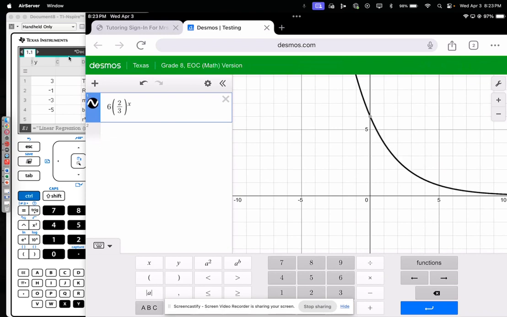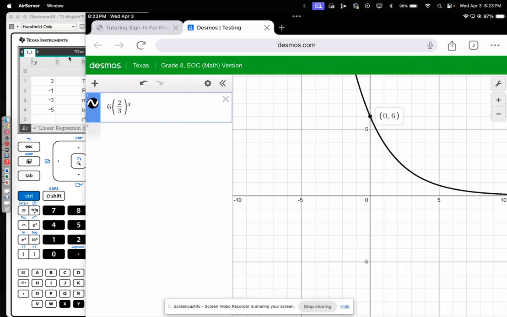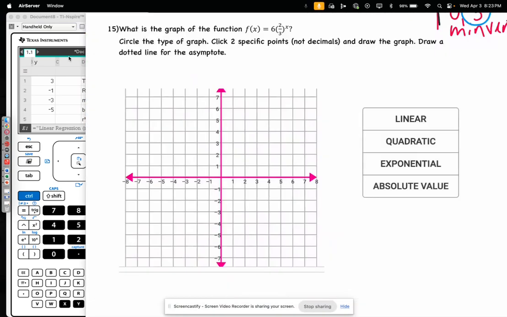So here's our equation. So I have 0, 6. Now, I don't have another dot to click on here because there's no min or max vertex. There's no x-intercepts. We have a y-intercept. So we can definitely start at 0, 6. So I'm going to write that over here, 0, 6.